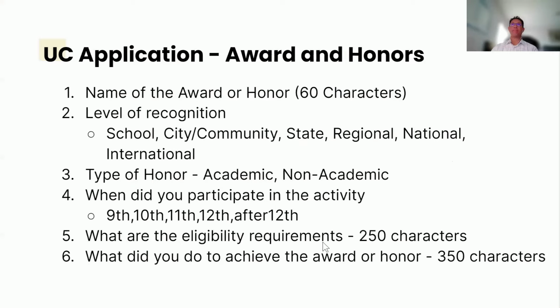Okay. Now, if we go through these really quickly in the particular sections, for awards and honors, the UC application asks for the name of the award or honor, the level of recognition, the type of honor, when you participated, and then the eligibility requirements, which is 250 characters, and then the award or honor, which is 350 characters.